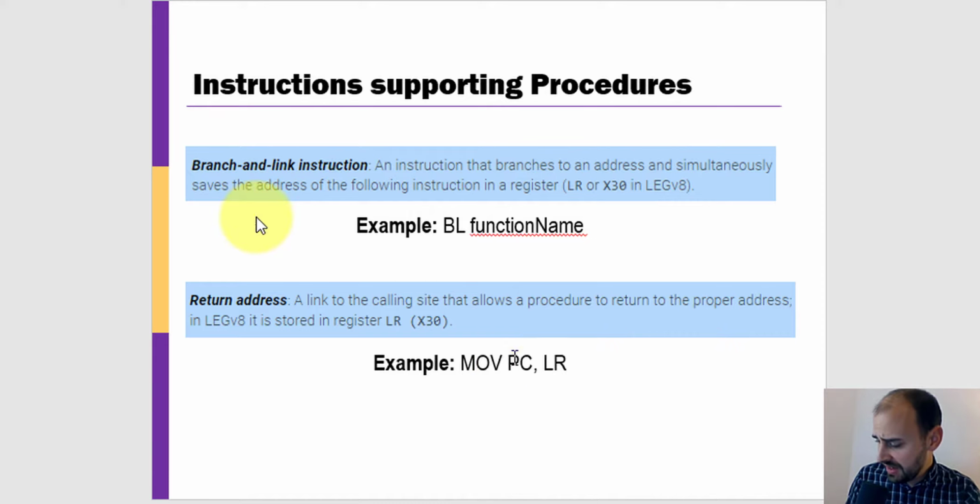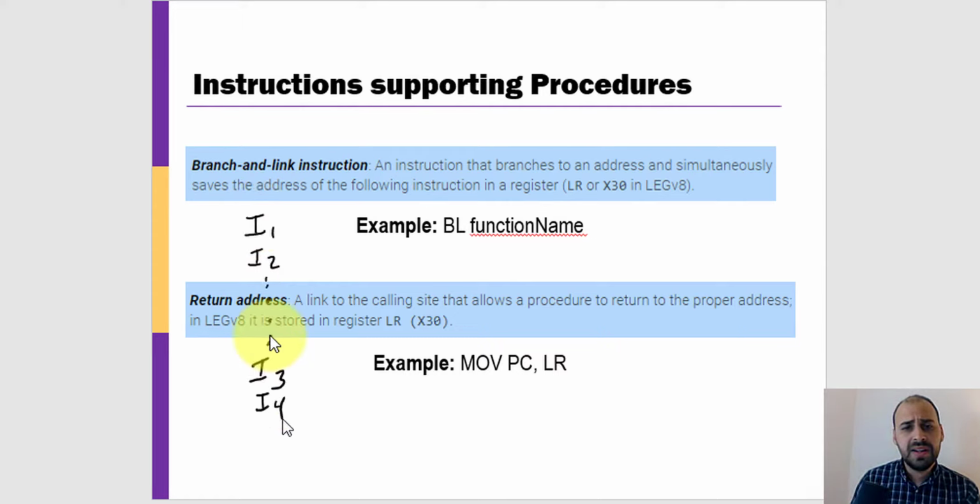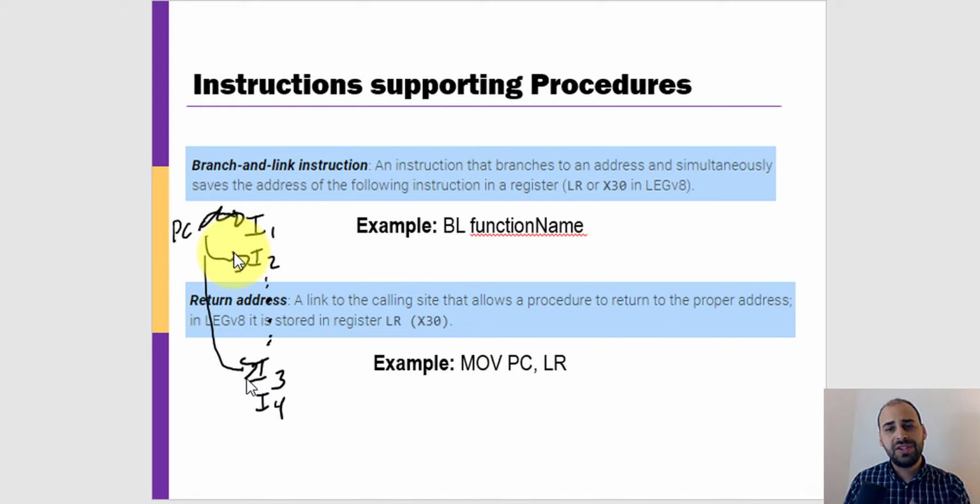If we have a program that has instruction 1, instruction 2, instruction 3, instruction 4, the program counter is the register that keeps track of which instruction we're currently running. Not necessarily always going in sequential order, because you can have branches in here that cause it to potentially jump back up to a prior line. The program counter keeps track of which instruction we're running.